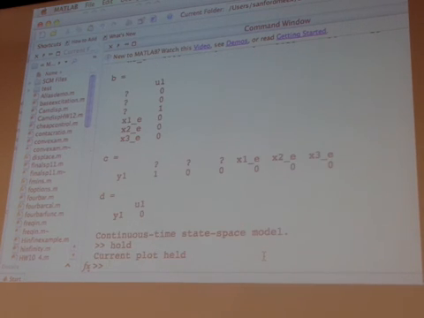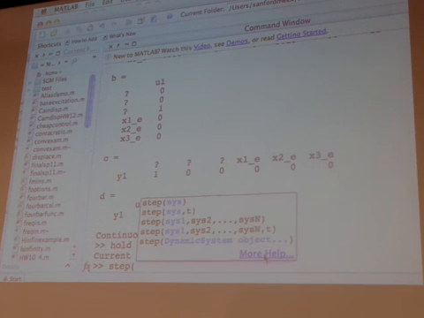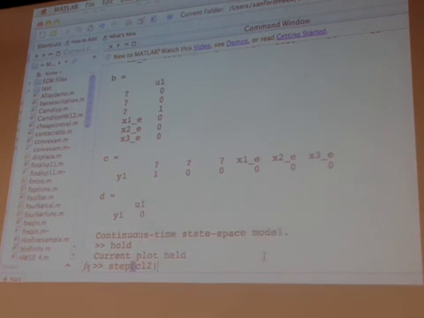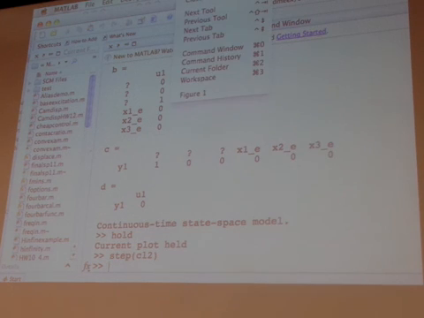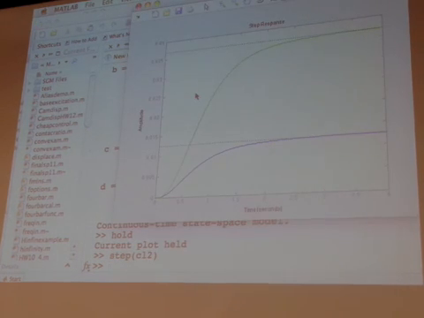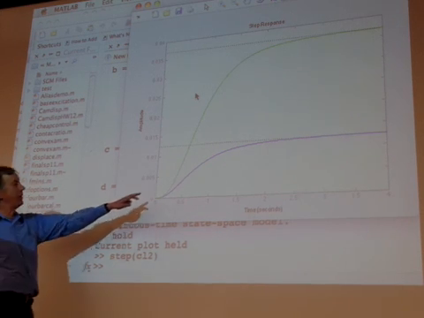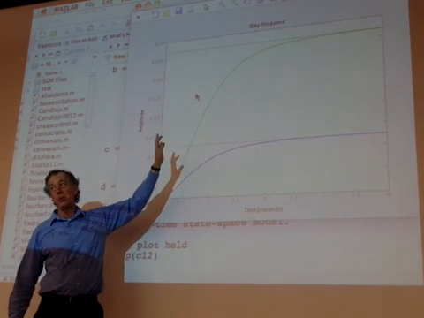It's supposed to have a response to this. Now the blue one was my original one, and the green one is the control observer.